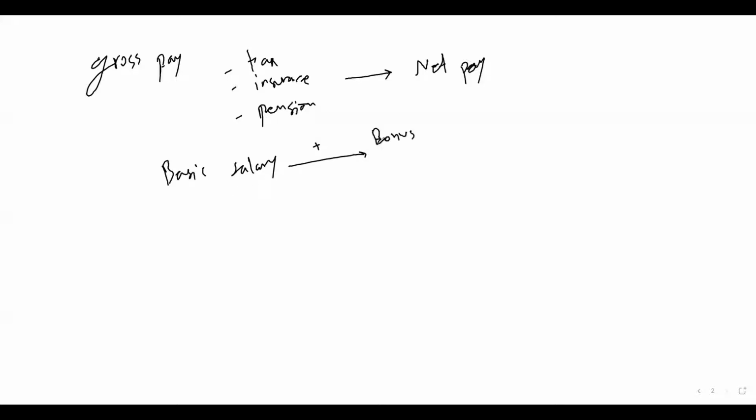And then sometimes you work overtime, and for that you're expecting to get paid at a higher rate, right? You get basic salary for the fixed number of hours. And anything more than this, we call it overtime.